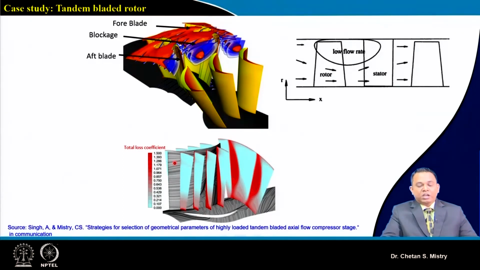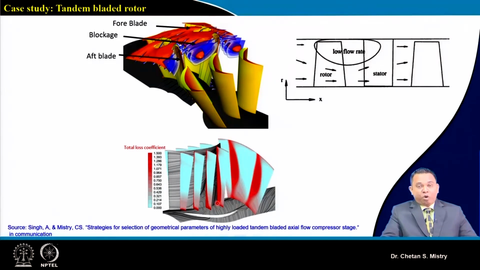And if you look at, this is the exit total pressure loss coefficient. If we observe it, it is coming out to be higher. We can say we are having separation of the flow on the suction surface of the stator.